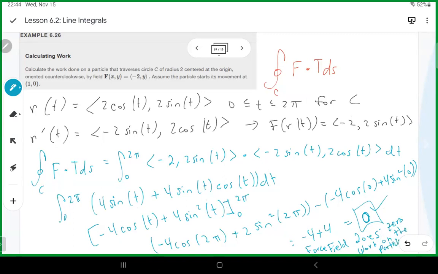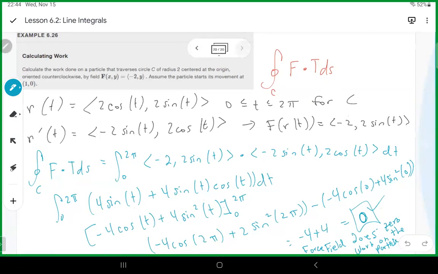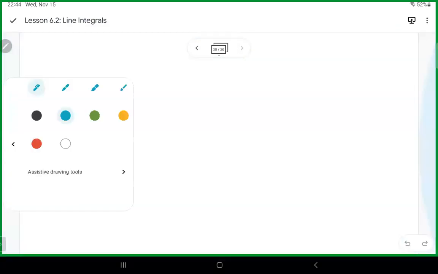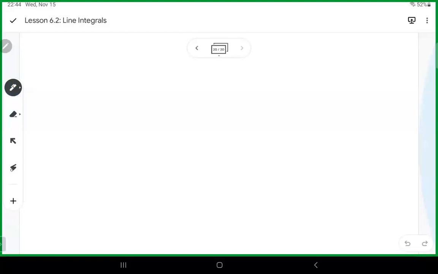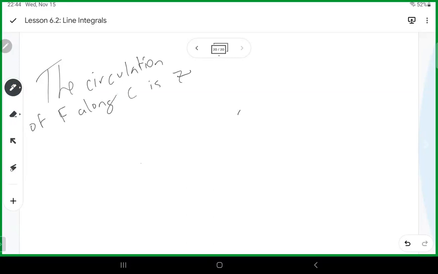Okay. Notice that the circulation of F along C is 0. Furthermore, notice that F is the gradient of the following, I'll add it here. The circulation of F along C is 0.